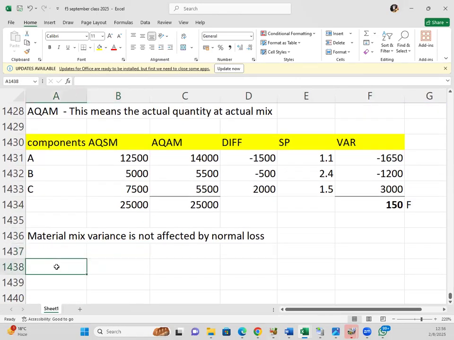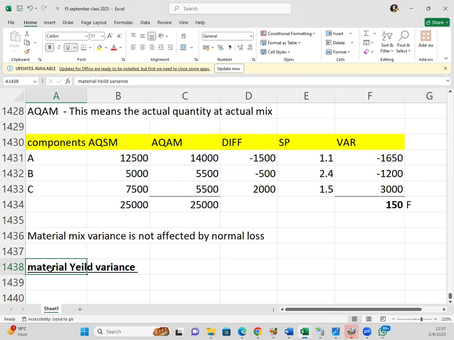Then we have the material yield variance. So the material yield is more of looking at the output. The output that we were targeting against the output we got. So if we change the ratio, it can affect the output.